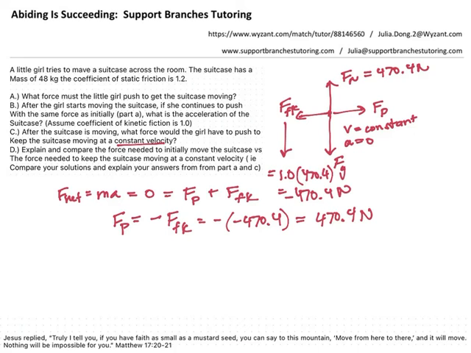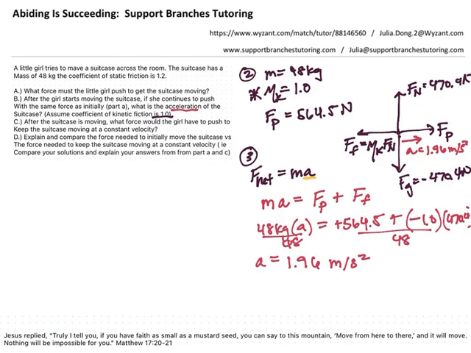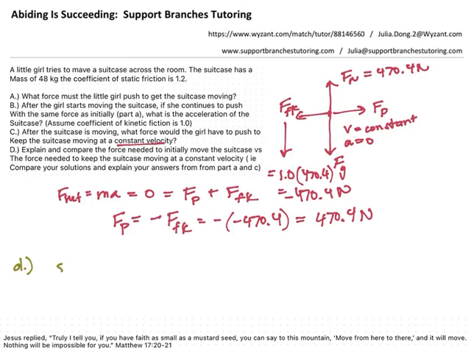So part D says explain and compare the force needed to initially move the suitcase versus the force needed to keep the suitcase moving at a constant velocity, i.e. we're comparing our answers from A and C. If you remember from A, we needed a force of 564.5 newtons to get this thing moving.